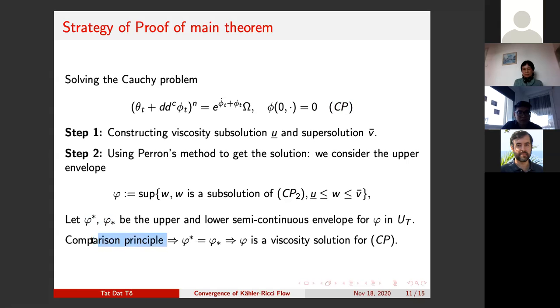And then using the comparison principle, we can show that these two functions should be the same. That means the function phi should be continuous in U_T, and is a solution for the Cauchy problem.